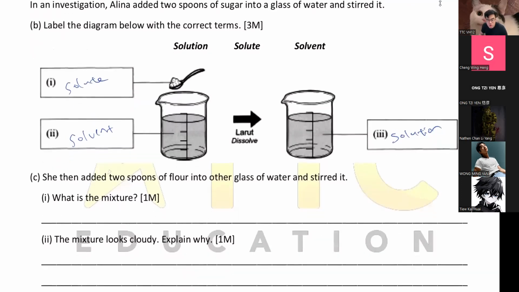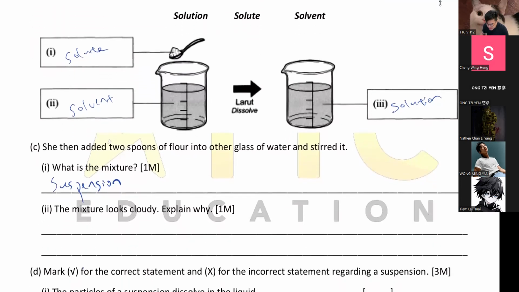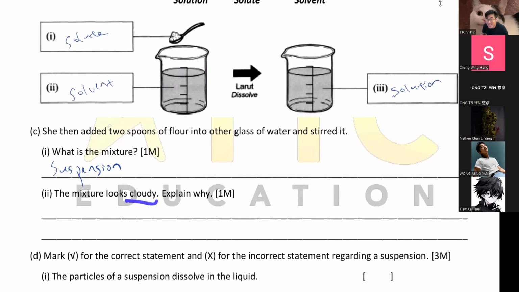So what is the mixture? When you add flour into it, guys, flour cannot dissolve in water, so this is a suspension. They actually give you a hint in the next question. You see, the mixture looks cloudy. Why does the mixture look cloudy?